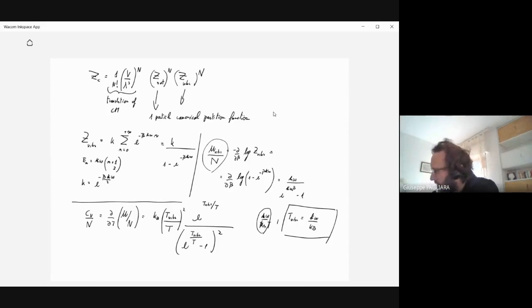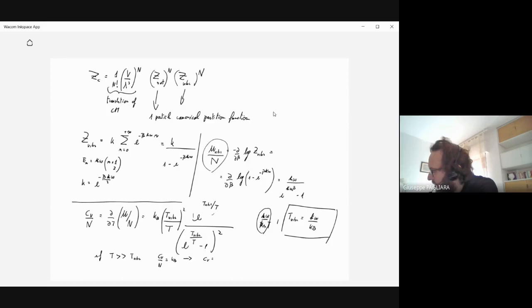And so the heat capacity is this function here, and of course the behavior of this heat capacity was stressed again in the case of the Einstein model. But we now have a scale to which we can compare. If T is much larger than T vibrational, the heat capacity per particle is just this is 1, this is T vibrational divided by T squared, which cancels with this, and this is just kB.